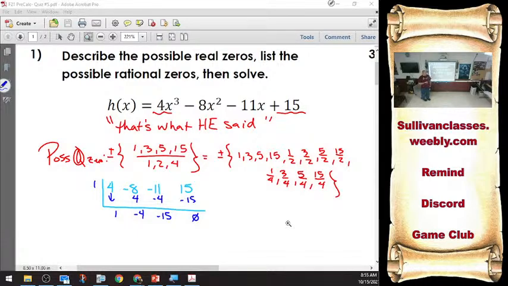Last I checked, there were no factors of negative 15 that add up to negative 4. Like the first one should be 4 instead of 1. Makes me feel better. Okay, so are there factors of negative 60 that add up to 4?